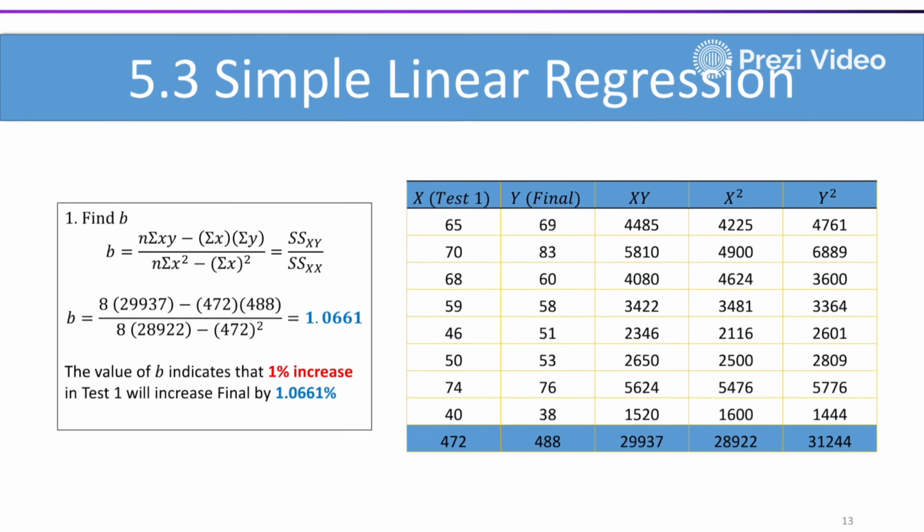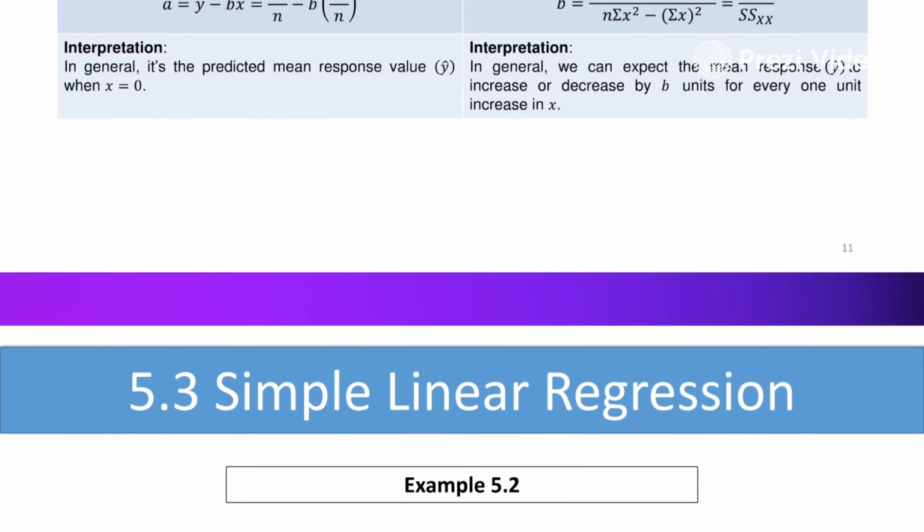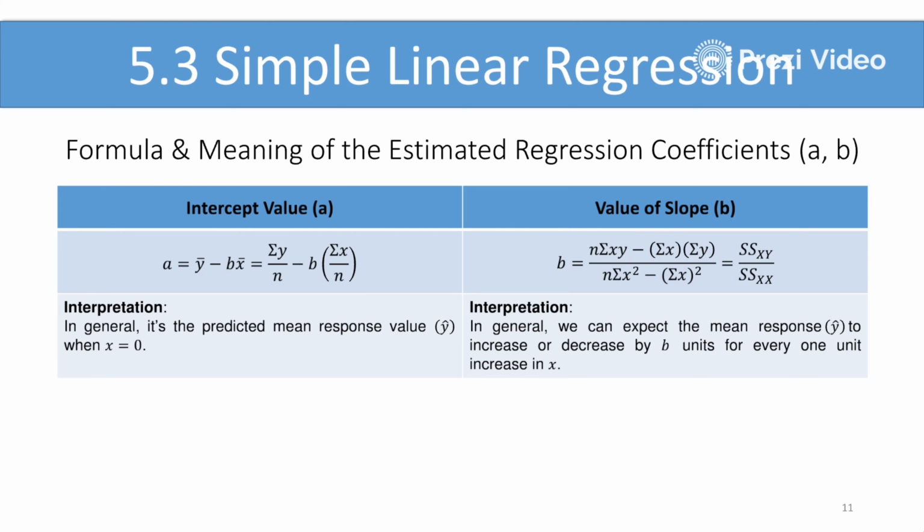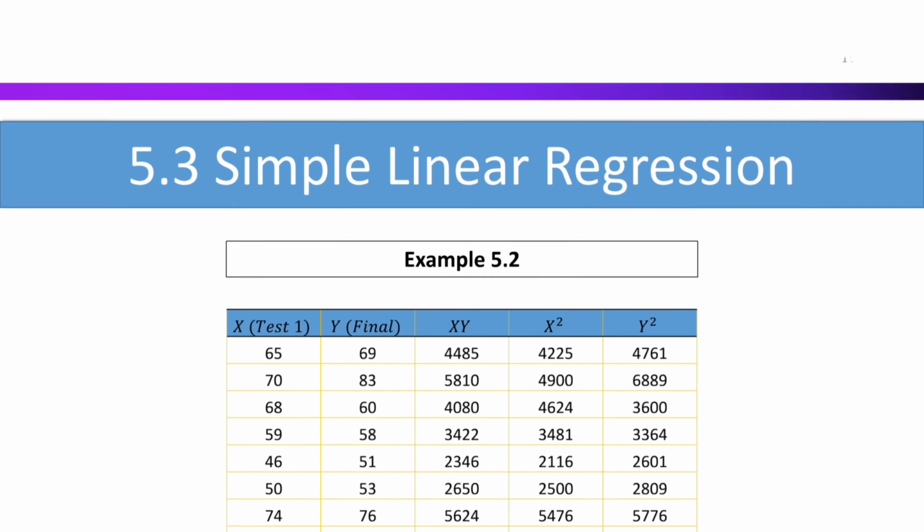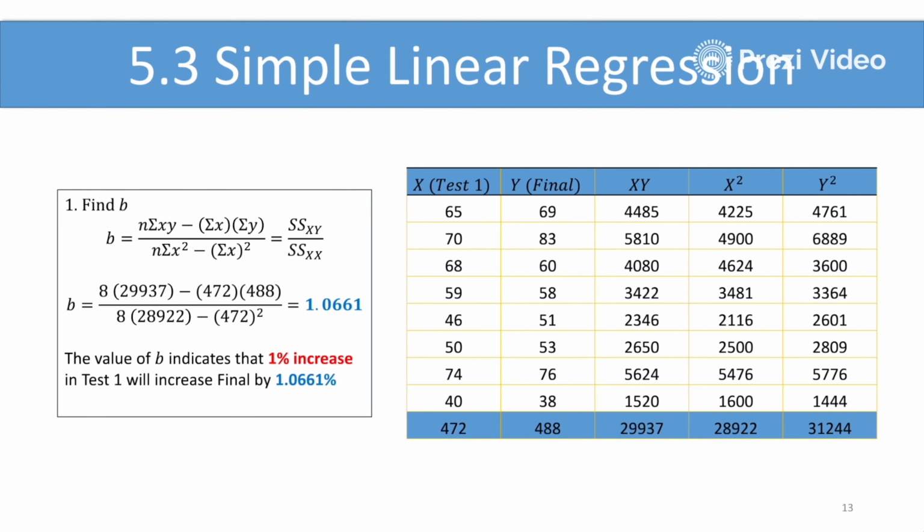Kalau kita tengok definition, okay, for any increase or decrease in 1 unit dekat nilai y tu, okay, sebenarnya kita akan sebut the value of b indicates that for 1% increase in test 1, maksudnya kalau ada berlaku kenaikan 1% markah pada test 1, final will be increased by 1.0661%.